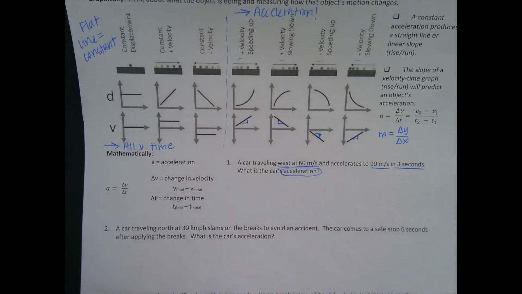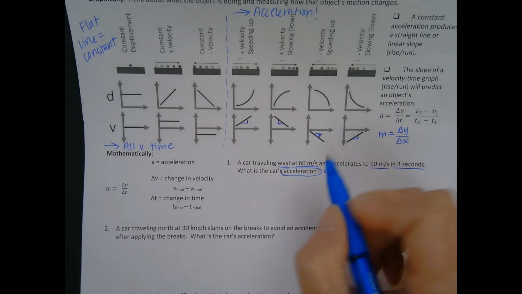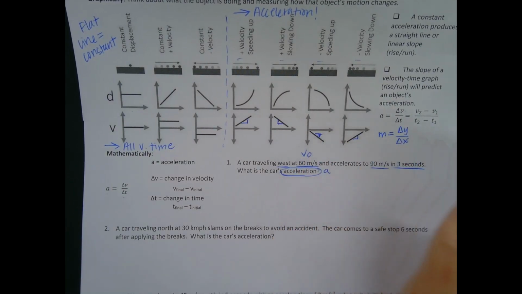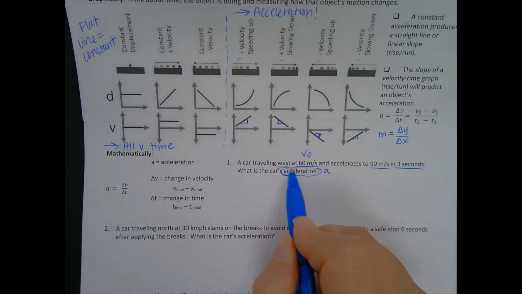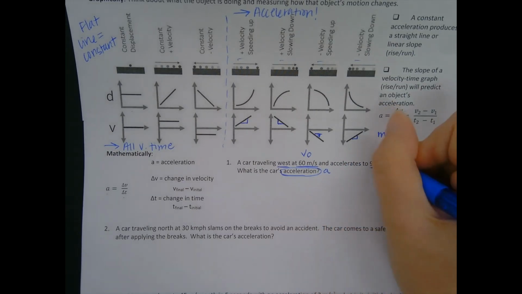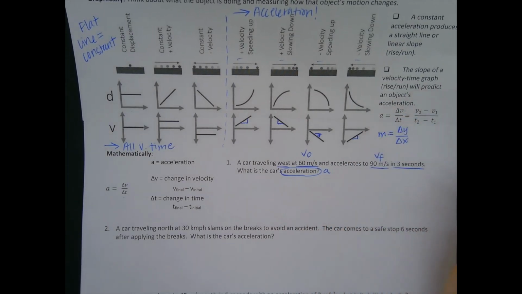So I'm going to circle it. Above it, I'm going to write what variable I'm using here, so that when I list my variables and solve, it becomes a lot easier. So acceleration, I'm going to label A. This 60 meters per second is my initial velocity, because I can read that based on how the problem is worded: at 60 meters per second to 90 meters per second. So this is my final velocity.